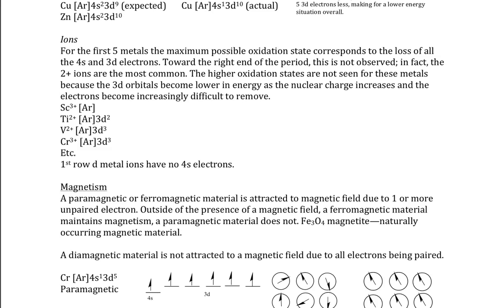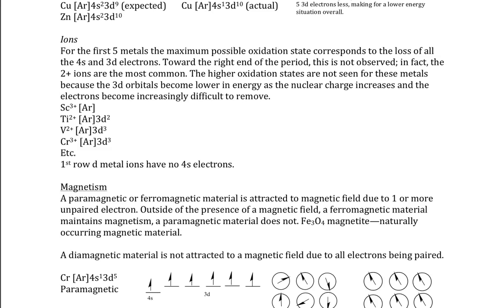What is happening for all those 3d elements when they become ions, they always lose the 4s electrons first. So scandium 3+, well, it's lost all of those 4s and 3d electrons, so it's just got the electron configuration of argon. Titanium 2+, notice that the electrons that go first are those 4s electrons.